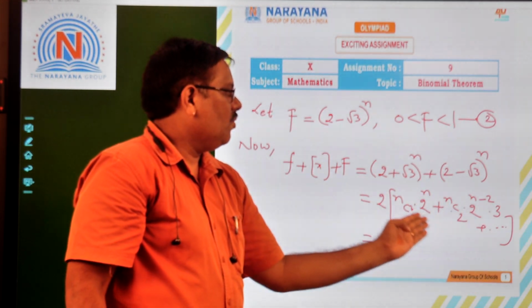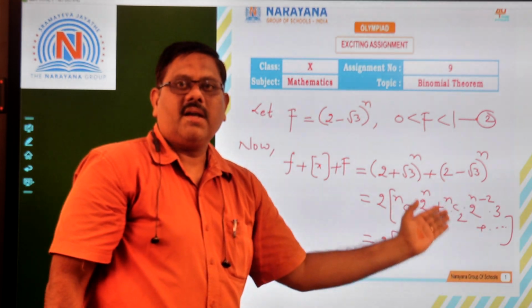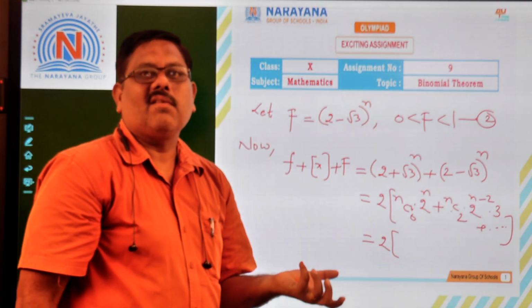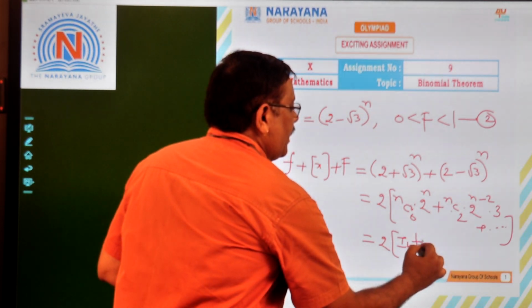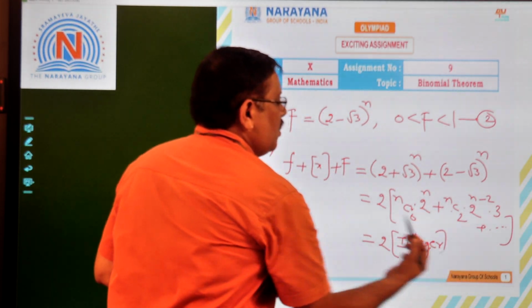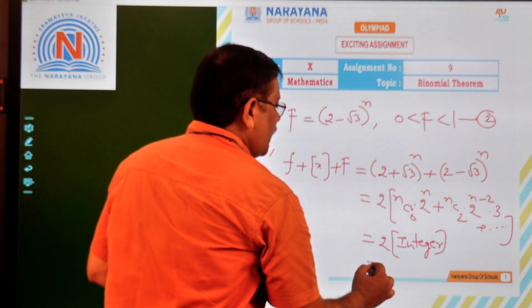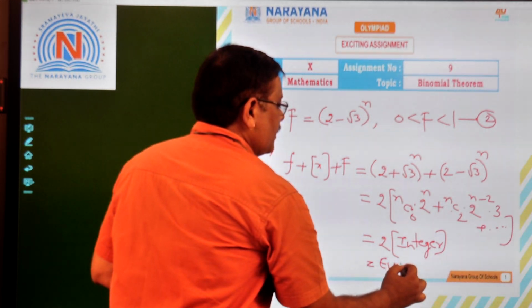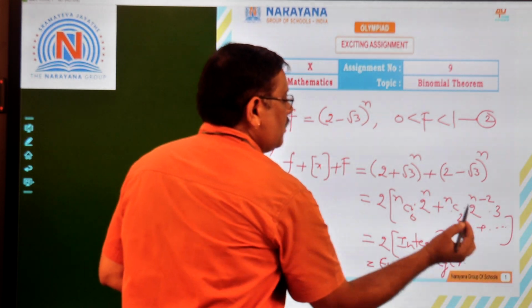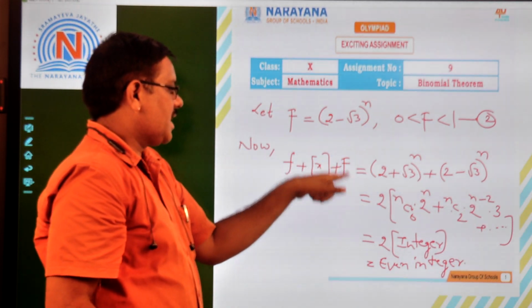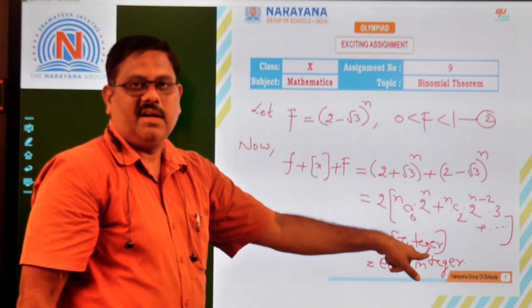So the entire expression is going to be an integral value. So we have 2 times an integer value, which is an even integer. So f plus [x] plus capital F is an even integer.